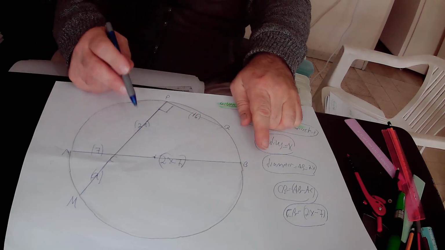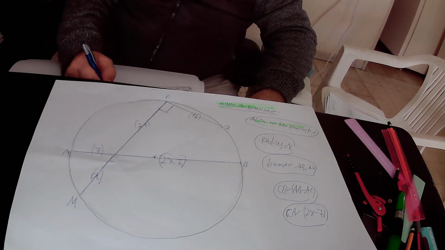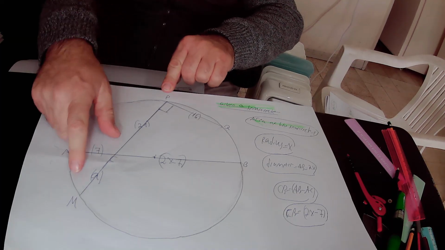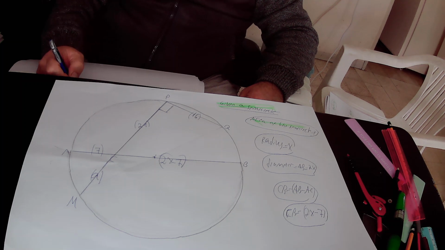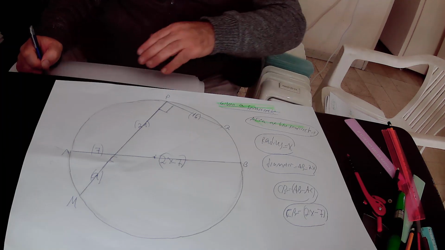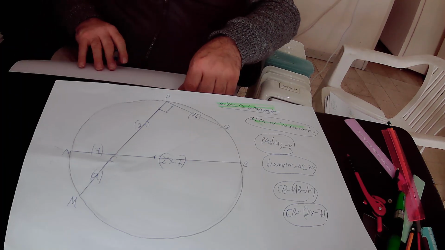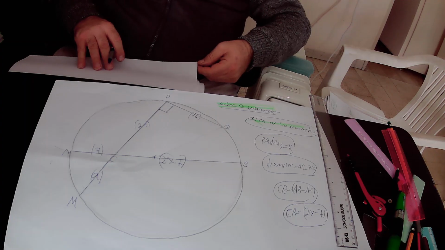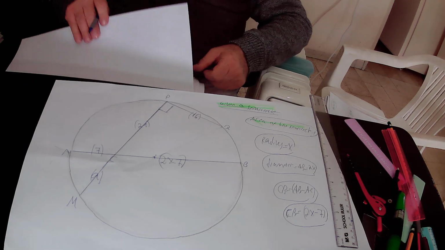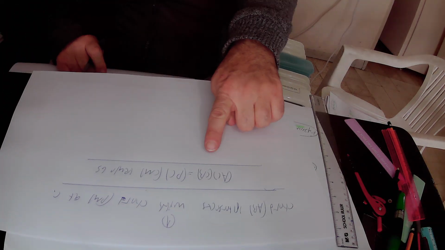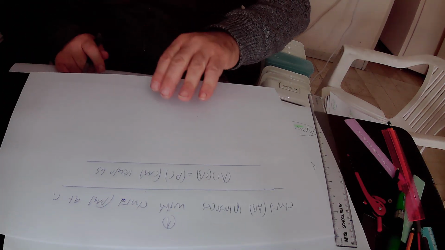AC times CB equals PC times CM. Again, according to rule 65, AC times CB equals PC times CM.